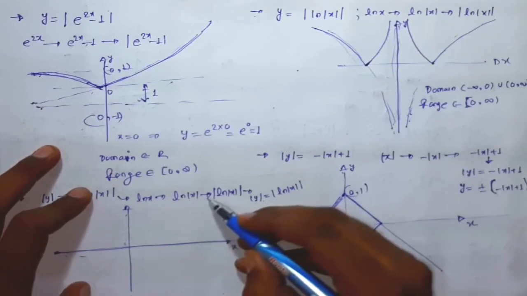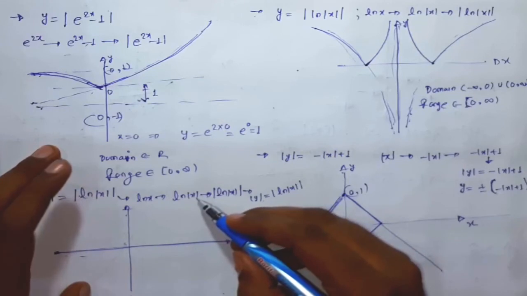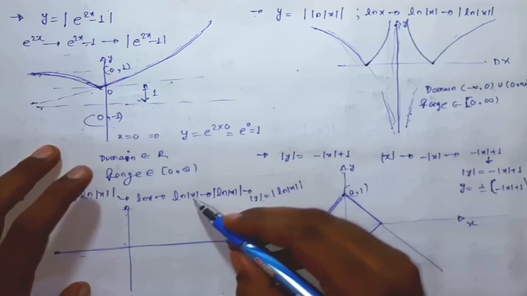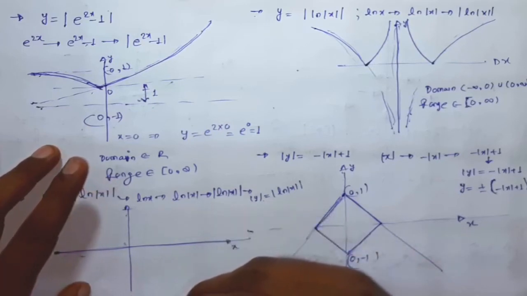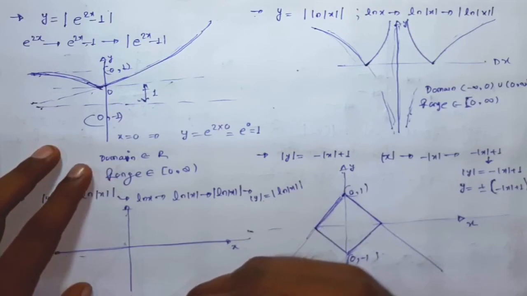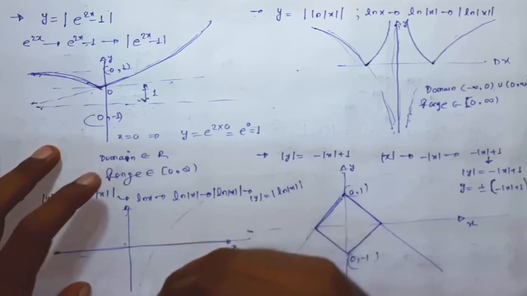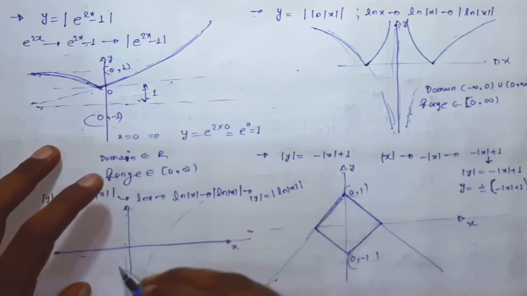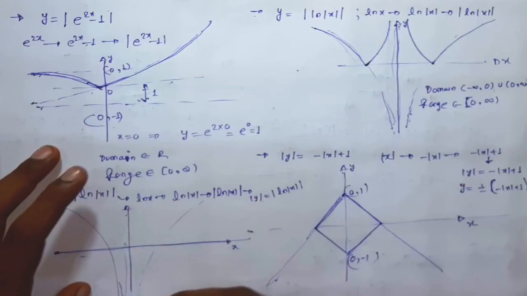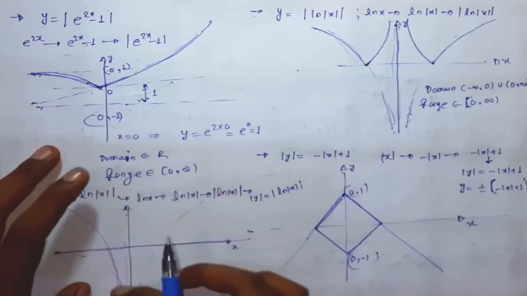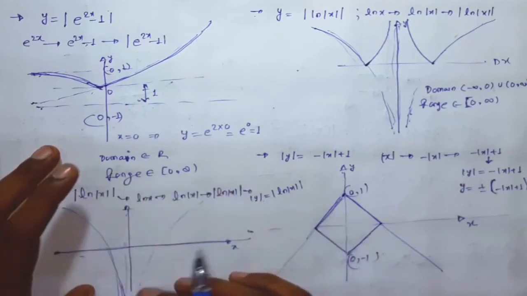Now if x is negative, then we need to draw the graph of ln of minus x. So we will simply take the image in the y direction. That means this is the graph of ln x, and this will look like this. Both the graphs combined together make ln of mod of x.